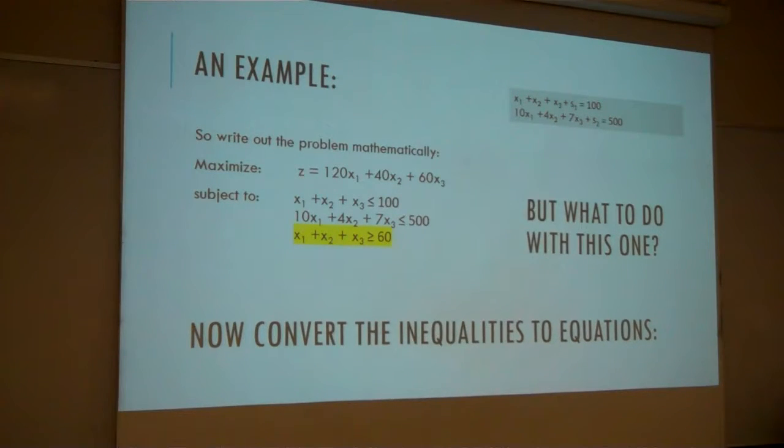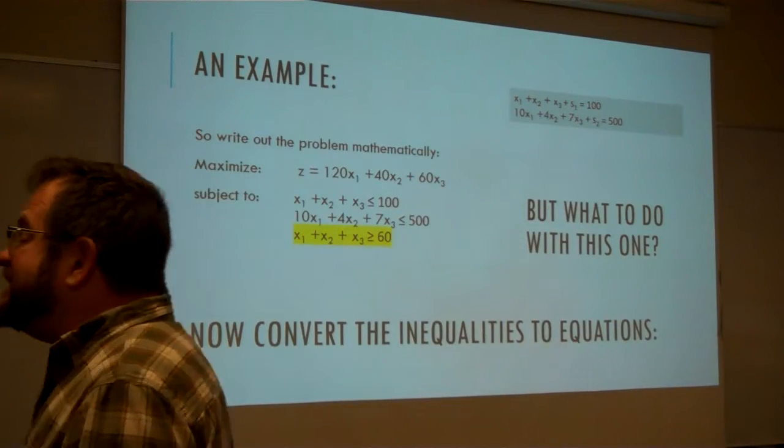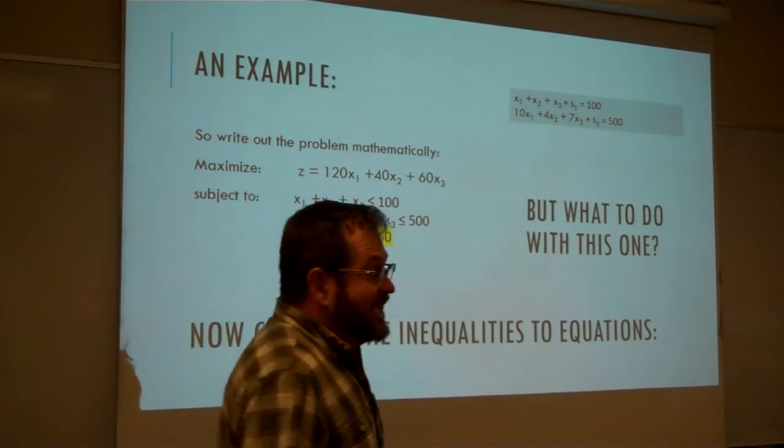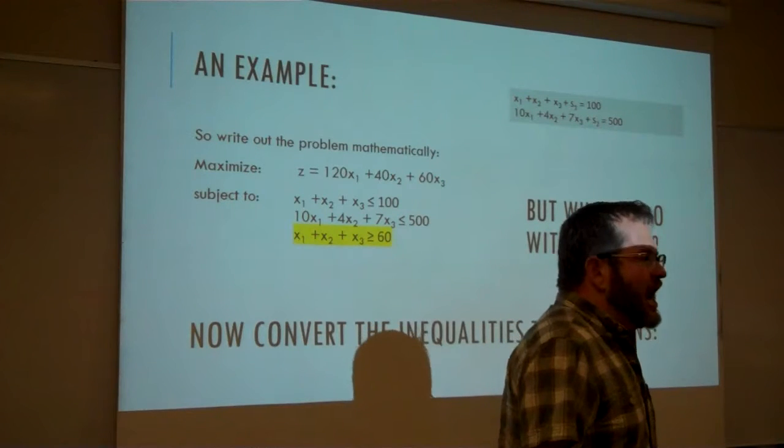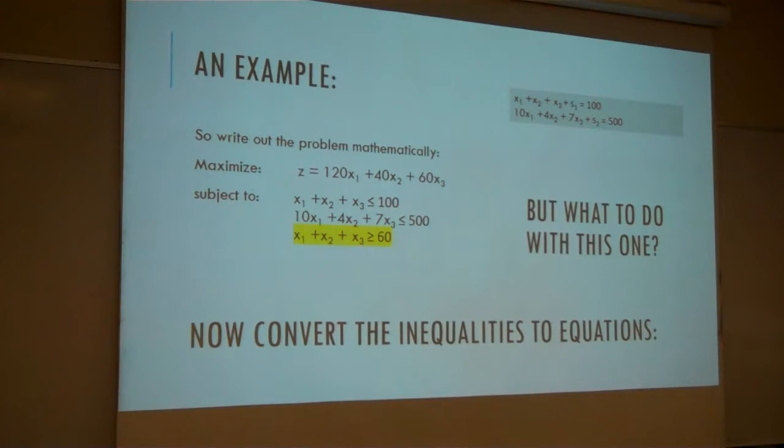Because there's no slack. It isn't like the acres of corn plus the acres of potatoes plus the acres of cabbage plus some extra adds up to 60. It's kind of the other way around. It's how much corn we have plus how much potatoes plus how much cabbage. It's going to be running a little over 60, possibly a lot over 60.